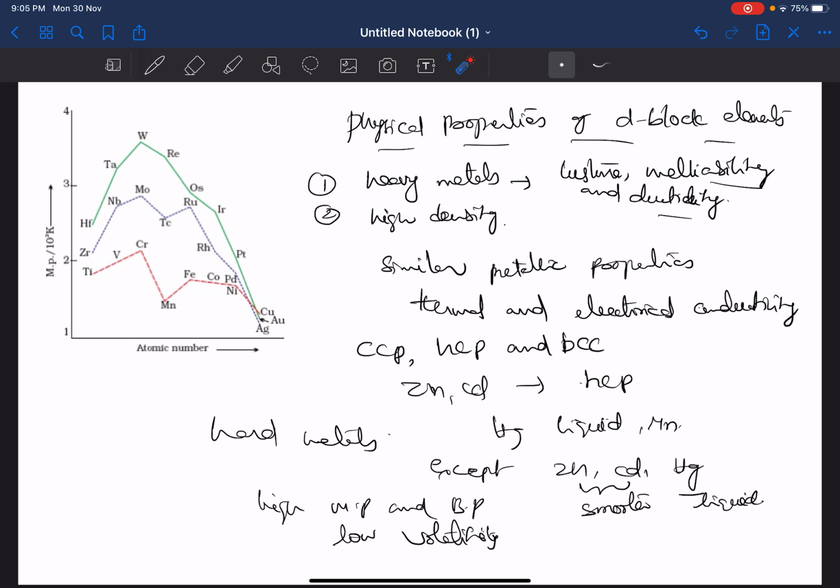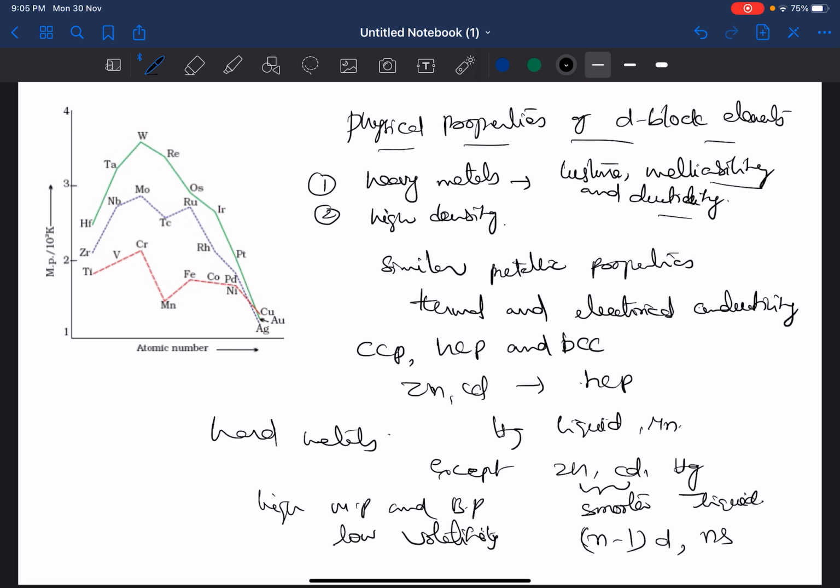Due to the involvement of a greater number of n minus 1 d electrons, the maximum number of n minus 1 d electrons will be involved in these metals, so they will show different properties. Not only n minus 1 d electrons, ns electrons are also involved, so a greater number of electrons are involved in the different properties.